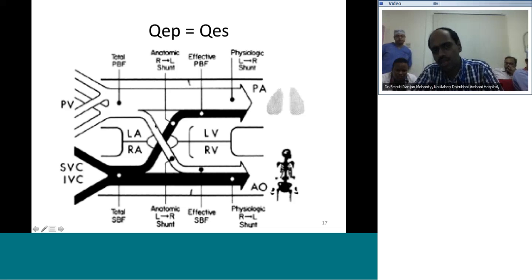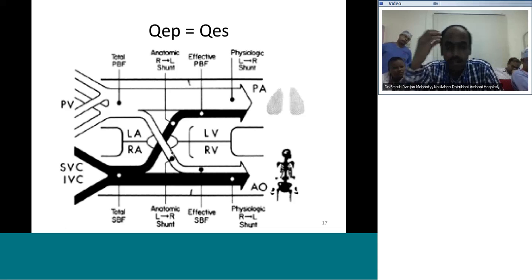So in all the patients, this QES and QEP has to be the same, because suppose in one cardiac cycle, the baby is ejecting some 30 ml of blood, and let us assume that 3 ml of blood is crossing over from the left atrium into the right atrium, and 4 ml of blood is crossing from the right atrium into the left atrium. So what happens? In one cardiac cycle, 1 ml is gained. The heart rate will be 140. So in 140 cycles, 140 ml will be gained.